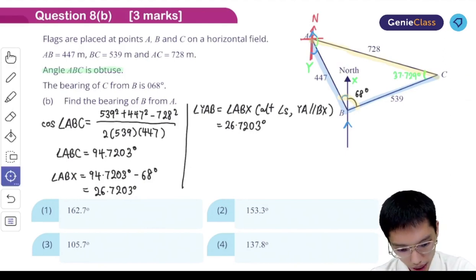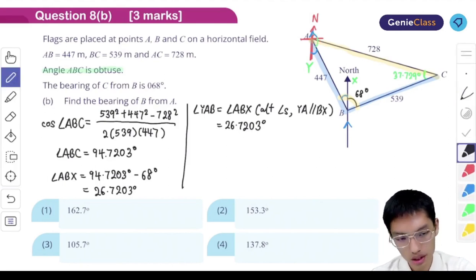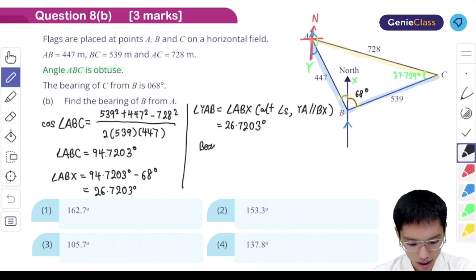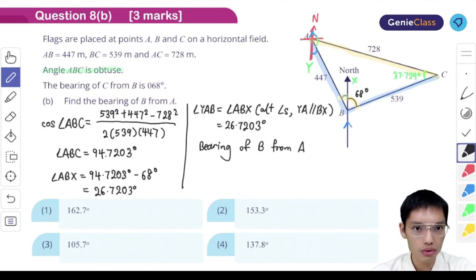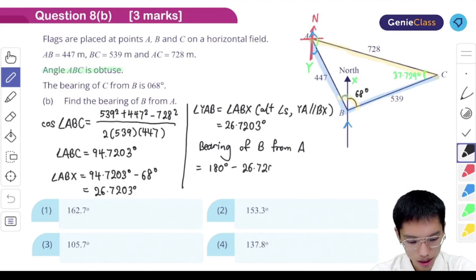After that, bearing, how do we solve? Again, the bearing is my whole angle down here. So what we need to do is just 180 minus that angle, which will give you the answer. Most of the errors come from finding the angles using your trigonometry and basic geometry concepts.